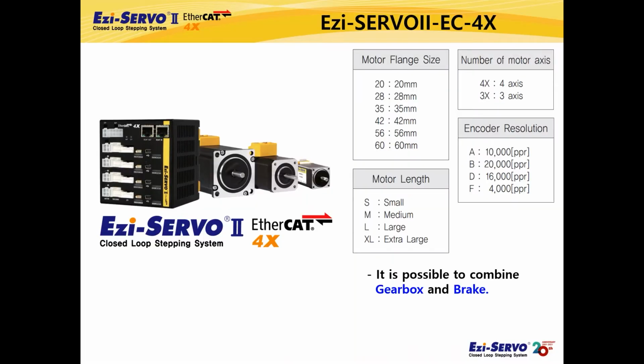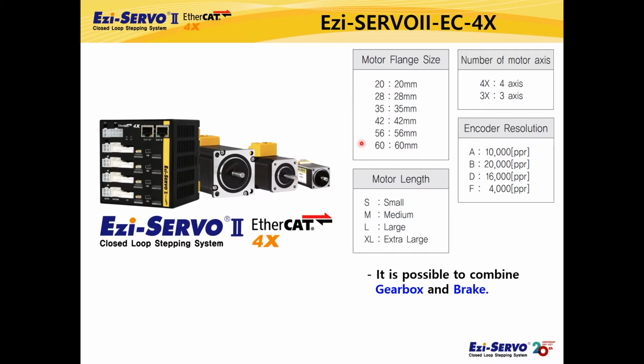First of all, I will explain the combination model name of Ezi-SERVO II EtherCAT 4X. In the example model name, EC means the product using the EtherCAT network, 4X means 4-axis product. Customers can select 3-axis or 4-axis and the size of both drives are the same.